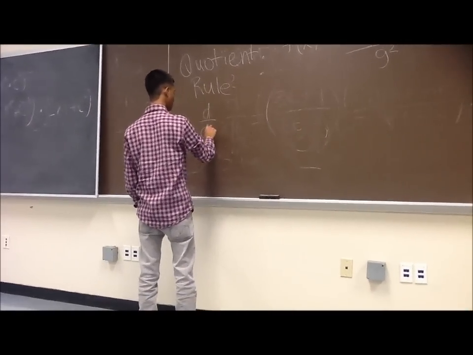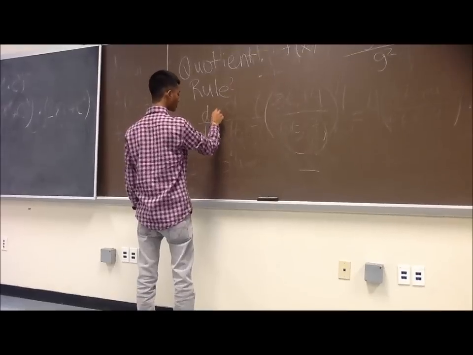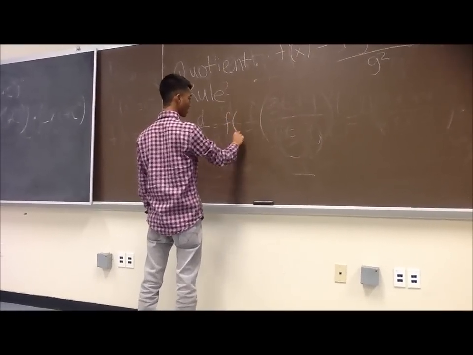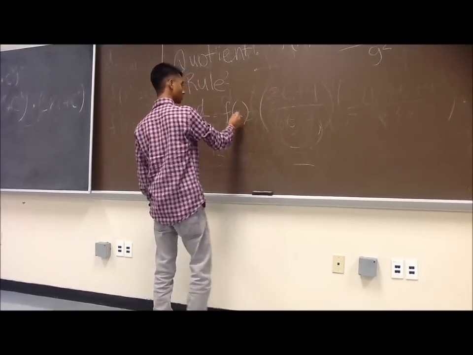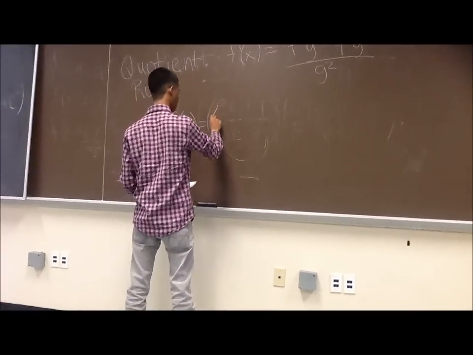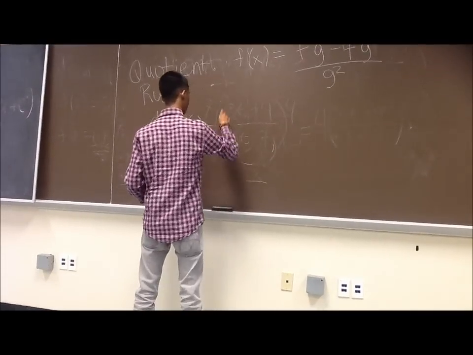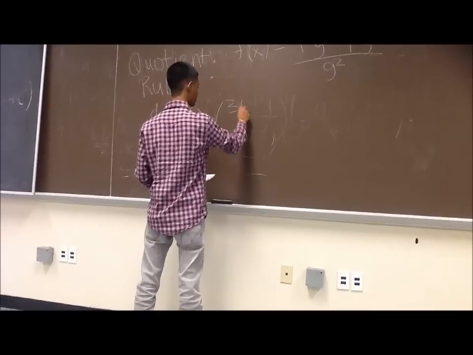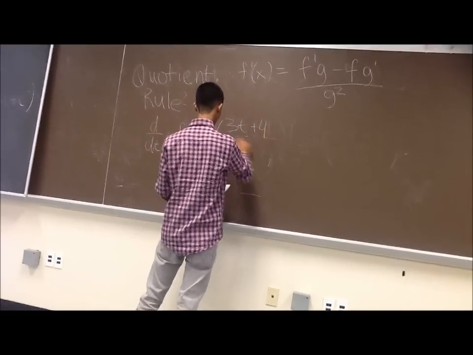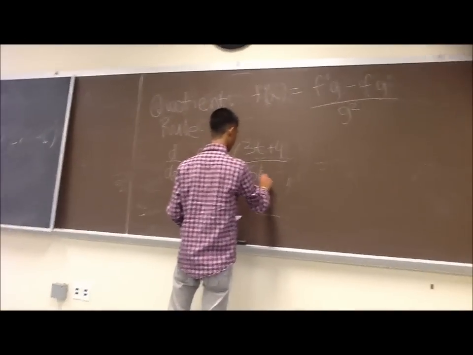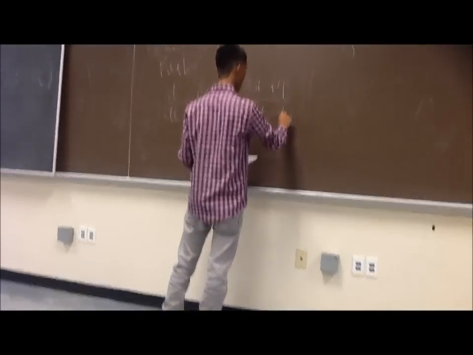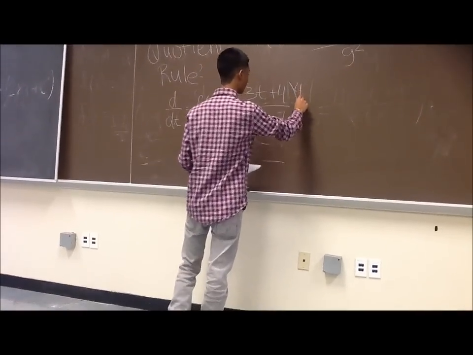Now the problem will be d of t, which is basically f of x equals 3t plus 4 over 6t minus 7, to the 4th.